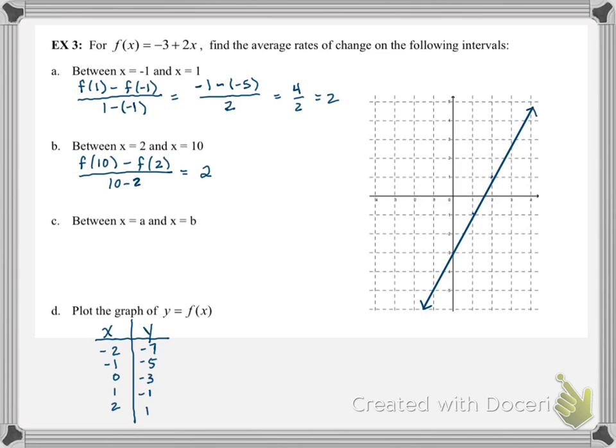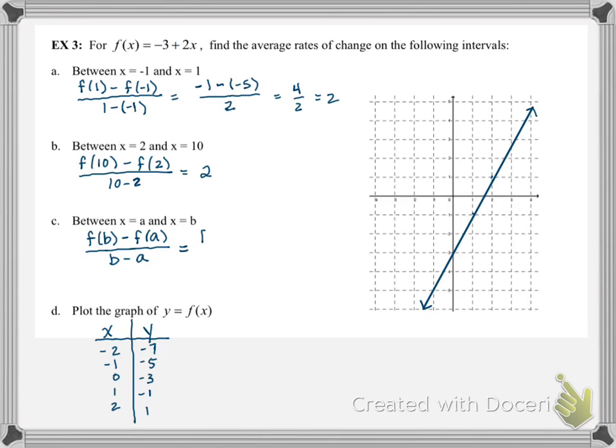So let's try just 2 random points, like if x is a and b. So we want to do f of b minus f of a over b minus a. So f of b is just what I get when I put b into the function instead of x.